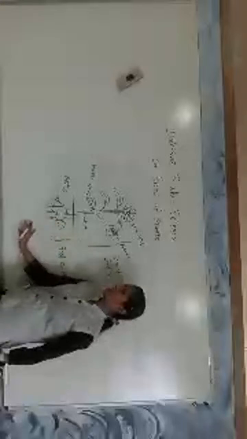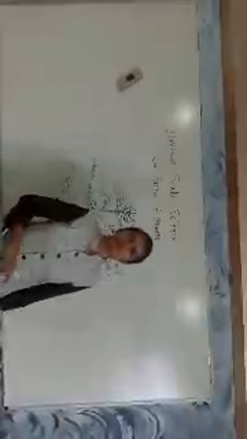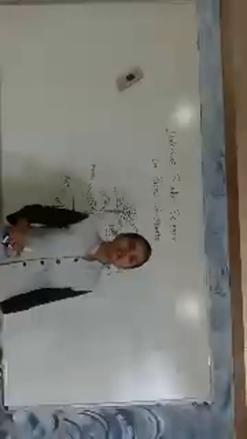Next, starting from here, taproot. Roots have two types: taproot and fibrous root. Taproot has a primary root which penetrates the soil deep inside and grows like this. This is the picture of a taproot, and fibrous root has hair-like roots.